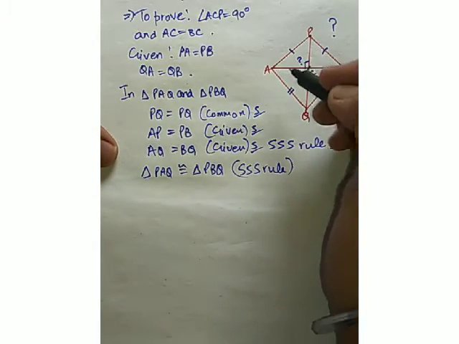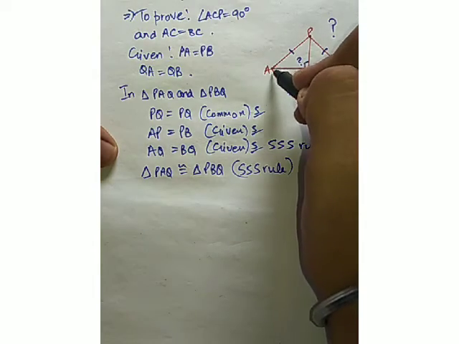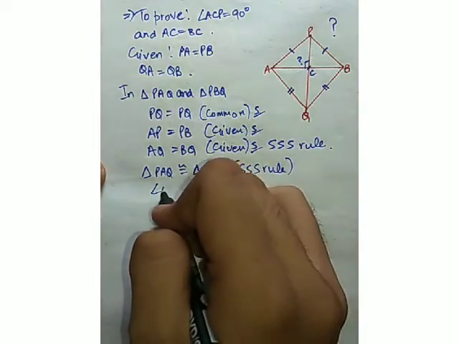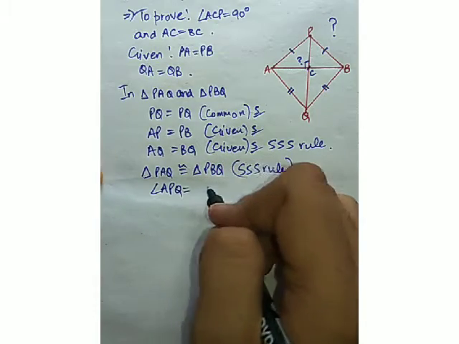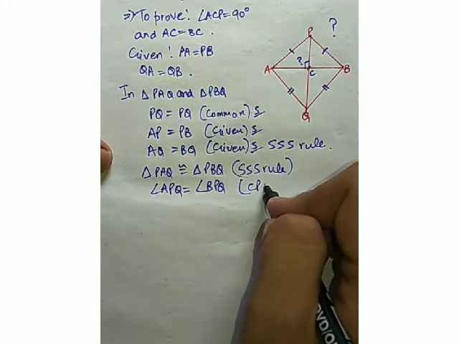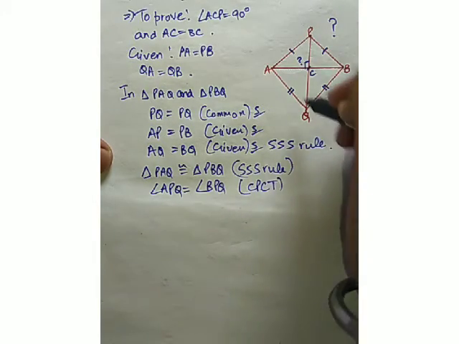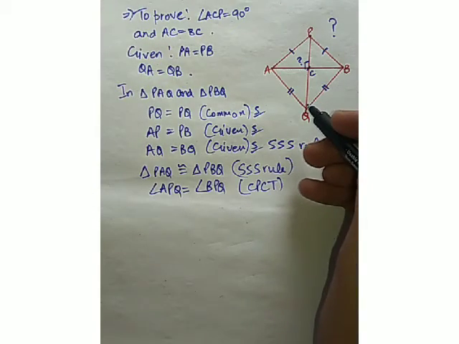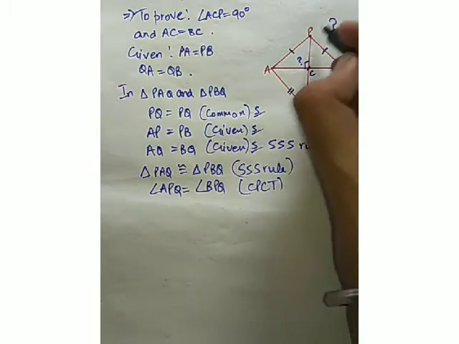Now, what was our purpose? I have to prove that angle APQ is equals to angle BPQ. So we can easily write that angle APQ is equals to angle BPQ. Why so? By using CPCT, because these two triangles are congruent, so all the corresponding angles and sides are equal. So we have proved this.